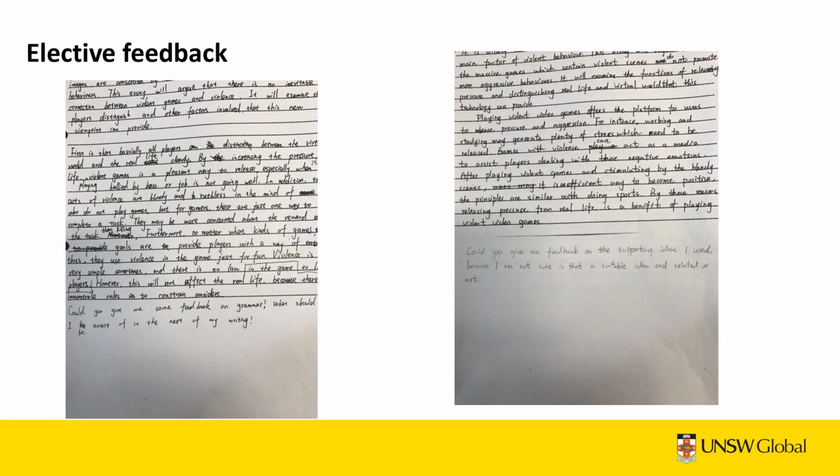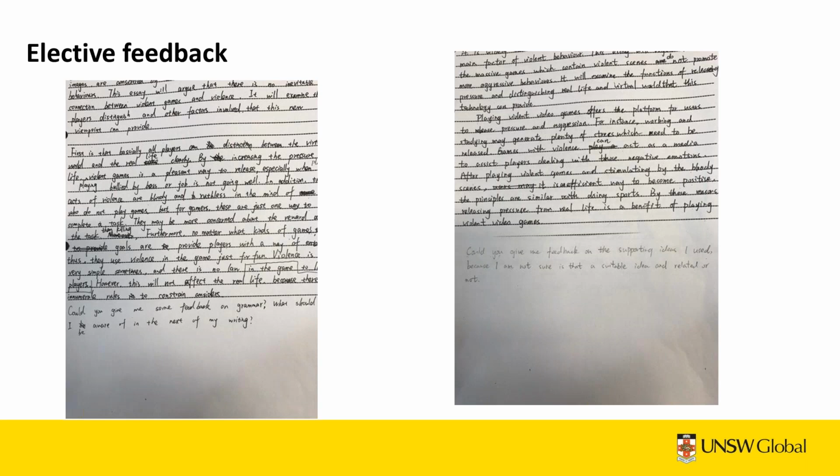So with students on higher levels, they obviously need to have a better understanding of the structure of a particular written work. And elective feedback might help to reduce unnecessary comments, but it also in a way makes students more active in that process.